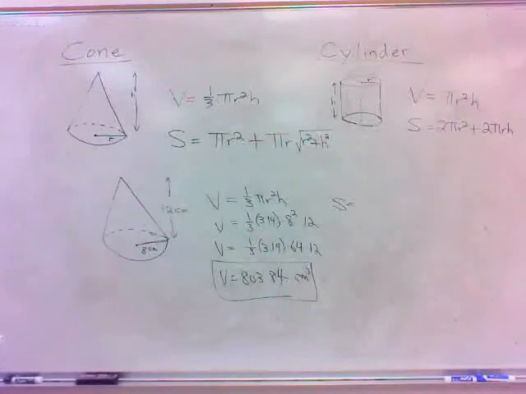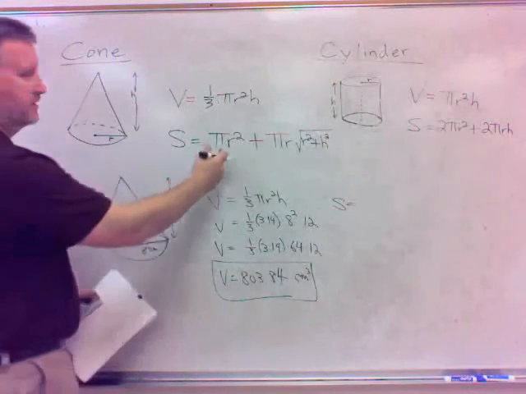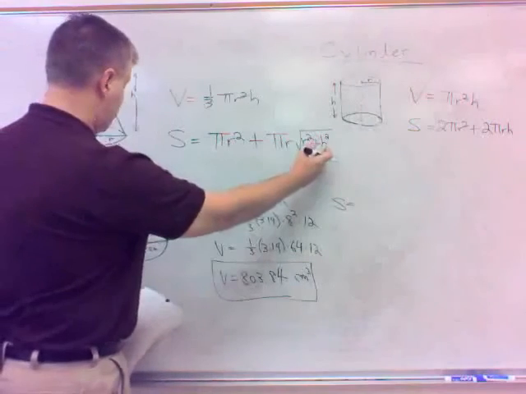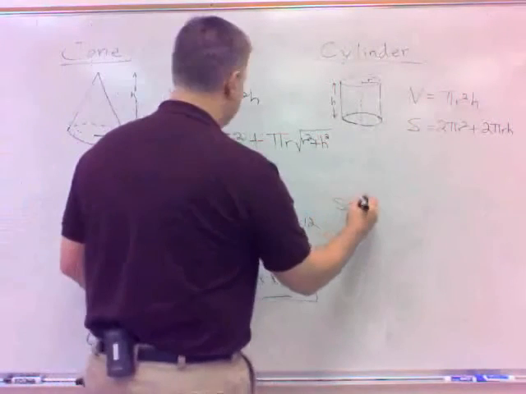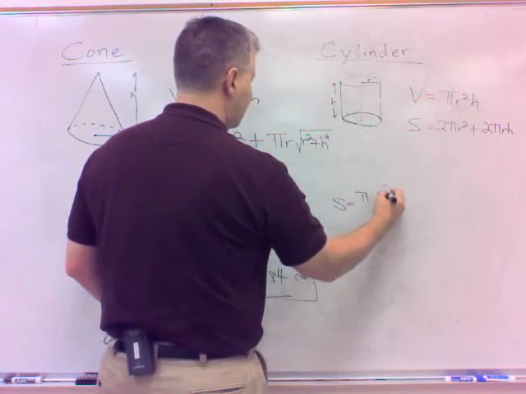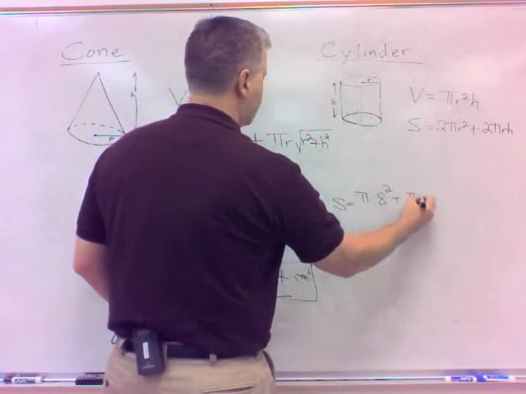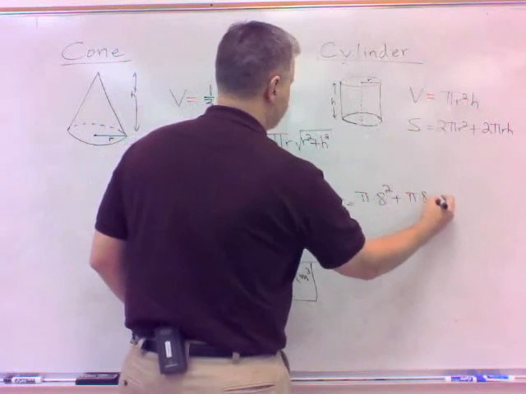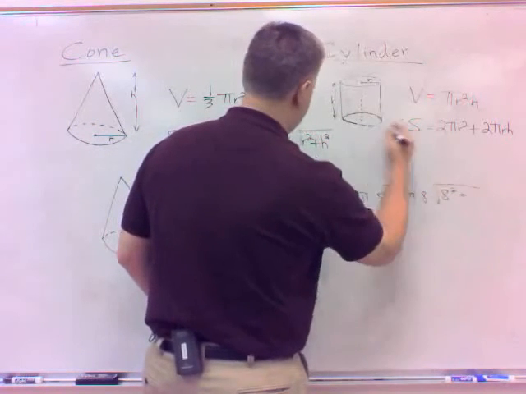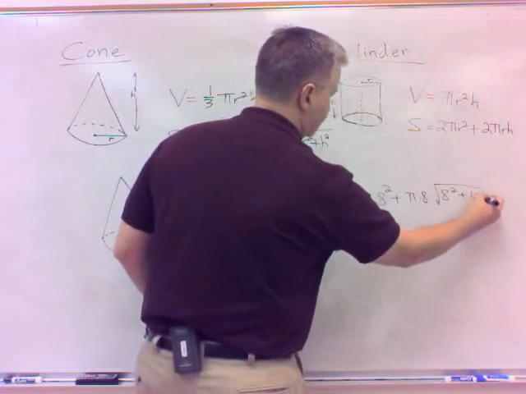Now for my surface area. Well, for the surface area, I'm going to plug in the same things. R is 8 and h is 12. Okay, so that's pi times 8 squared plus pi times 8 times the square root of r squared, which would be 8 squared, and h squared would be 12 squared.